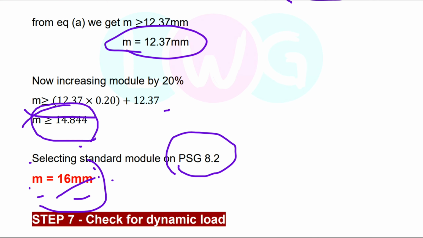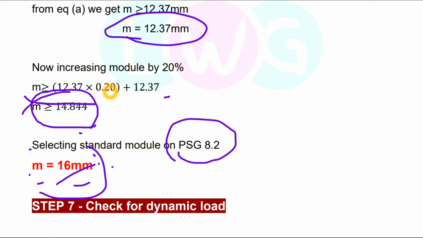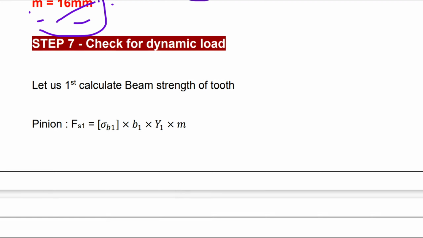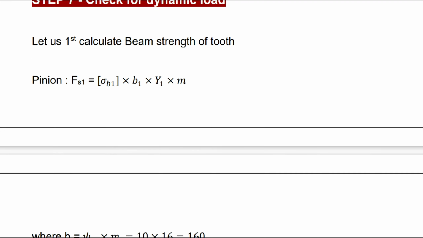So as in step number 6 we got the module, in step number 7 we will check for the dynamic load. Okay, so let us first calculate the beam strength of tooth. For pinion, Fs1 is equal to sigma b1 into b1 into y1 into m.